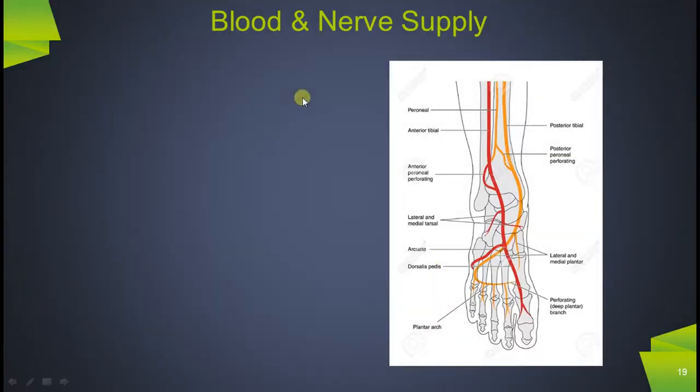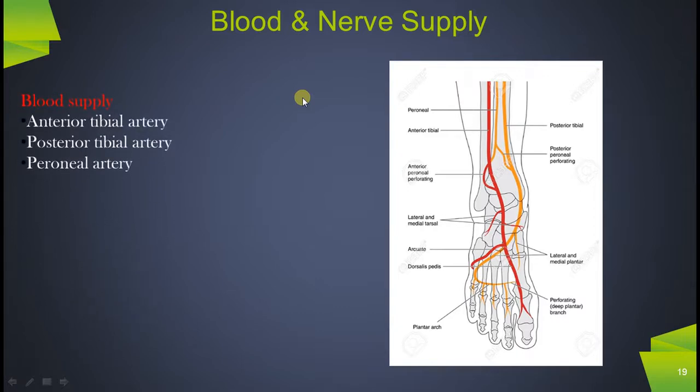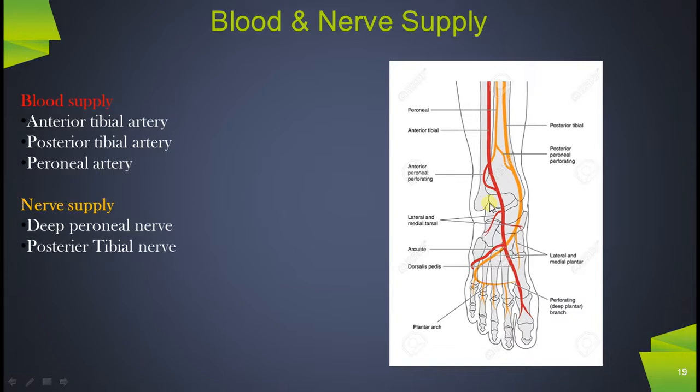Mainly the blood supply is by the anterior tibial, posterior tibial and peroneal arteries, which take part around the malleolar network. The nerve supply is by the deep peroneal nerve and the posterior tibial nerve, which cross the joint, so naturally they supply articular twigs to the joint.